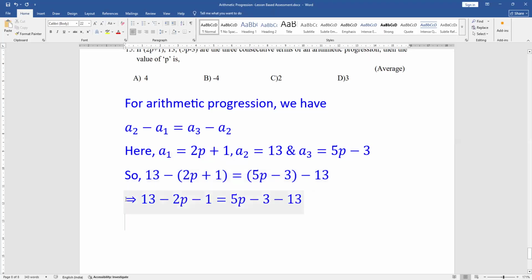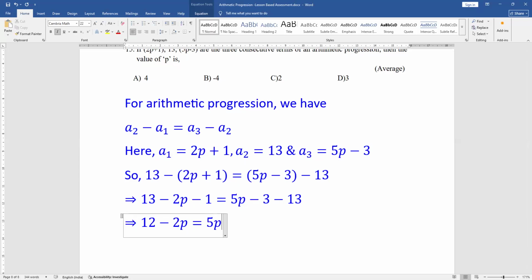In our next step, 13 minus 1 is 12. So 12 minus 2p equals 5p. Always make sure that you add the variable terms separately and the constant terms separately.